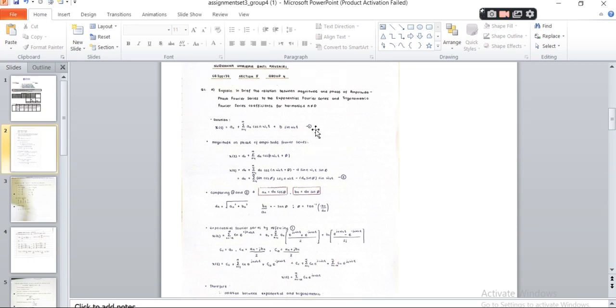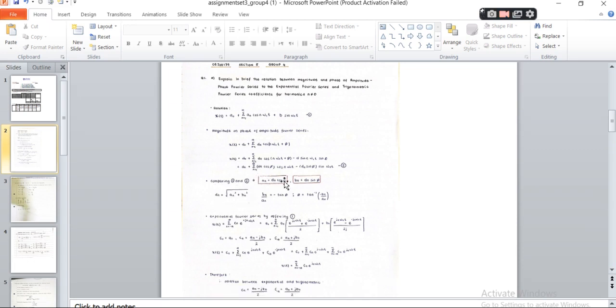As you know, this is the coefficient amplitude for the Fourier series, where we use the equation of x(t), which equals this. We compare equation 1 and equation 2 for the amplitude and the coefficient, and we get the magnitude and the phasor.